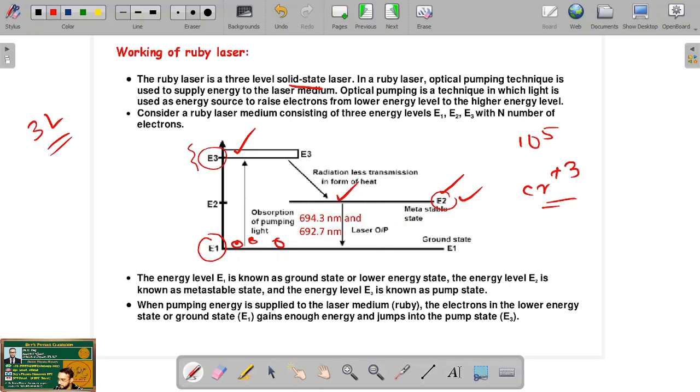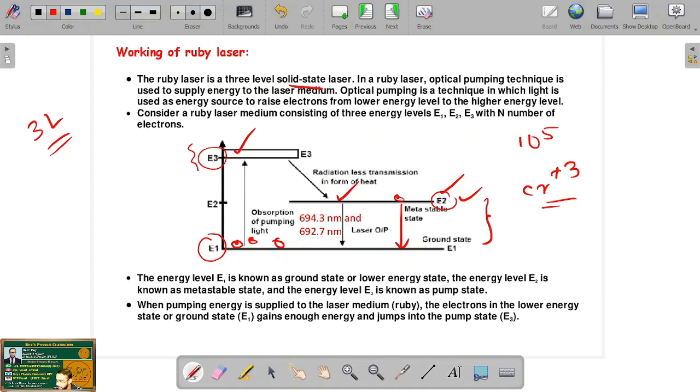So it will come to the metastable state. Now from this metastable state, stimulated emission will occur, and laser emission will take place. During that process, from E2 to E1, the electrons will jump to the ground state by the process of spontaneous emission initially.